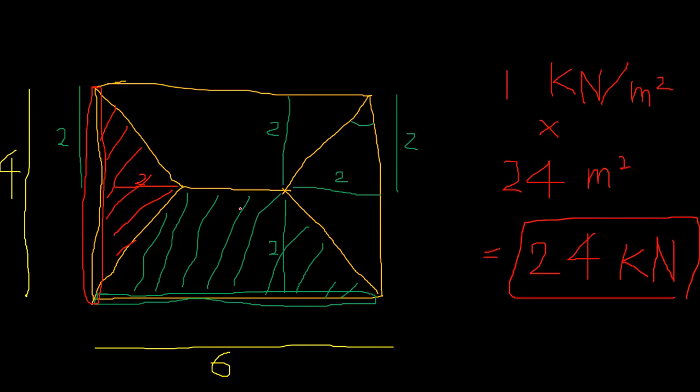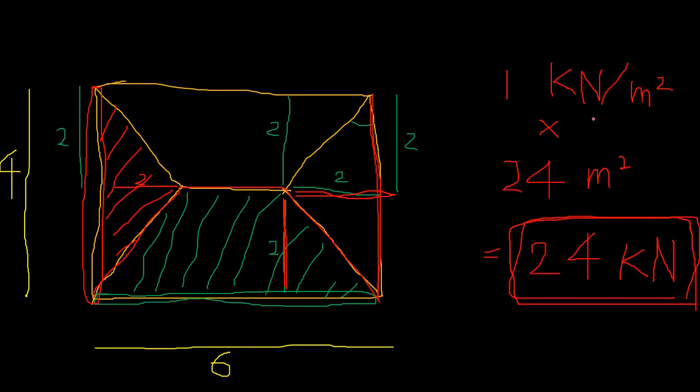So if you apply like this, this part is the trapezoidal UDL acting on this area, right? Because this area is 24, and the total load is also 24, that means this height is the actual height of the UDL acting on this beam.